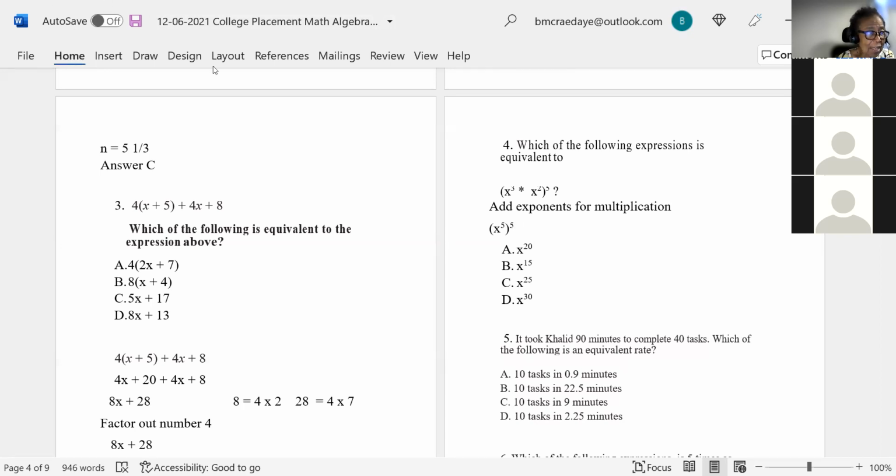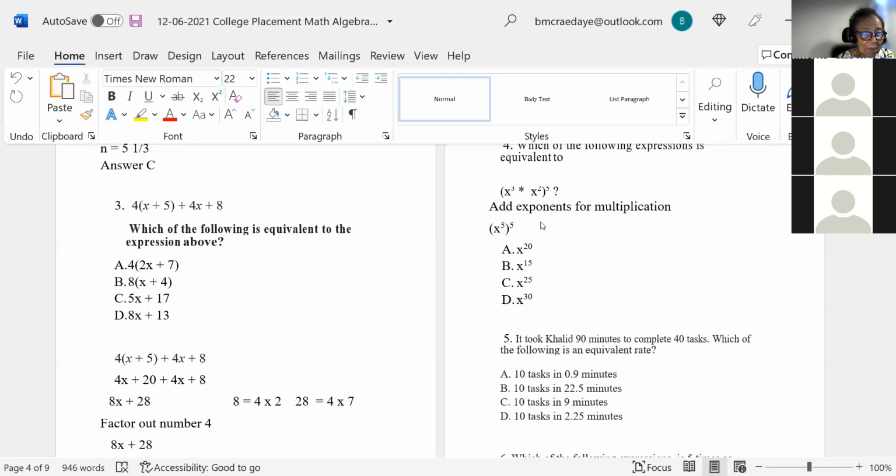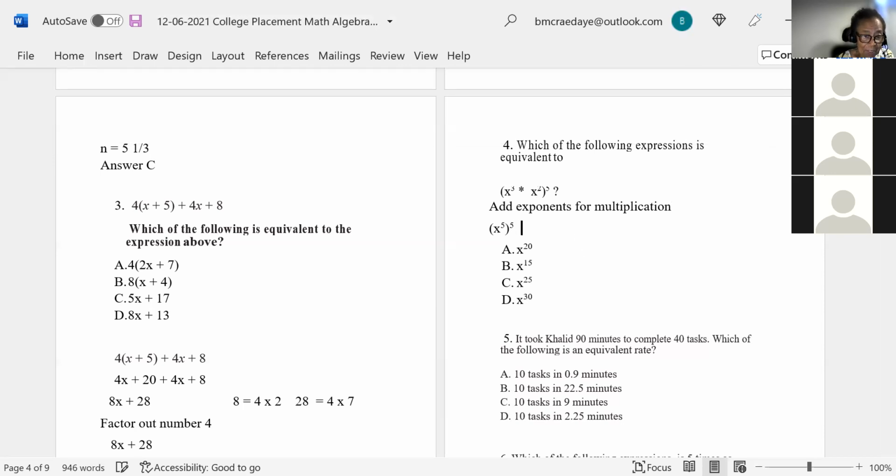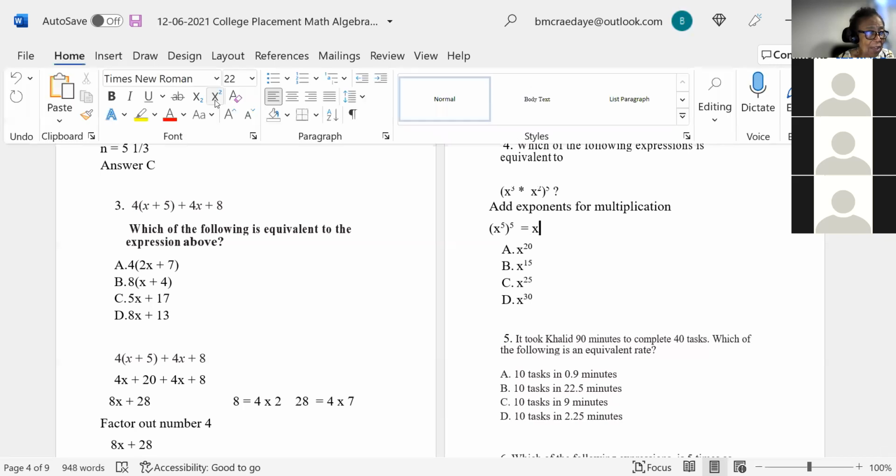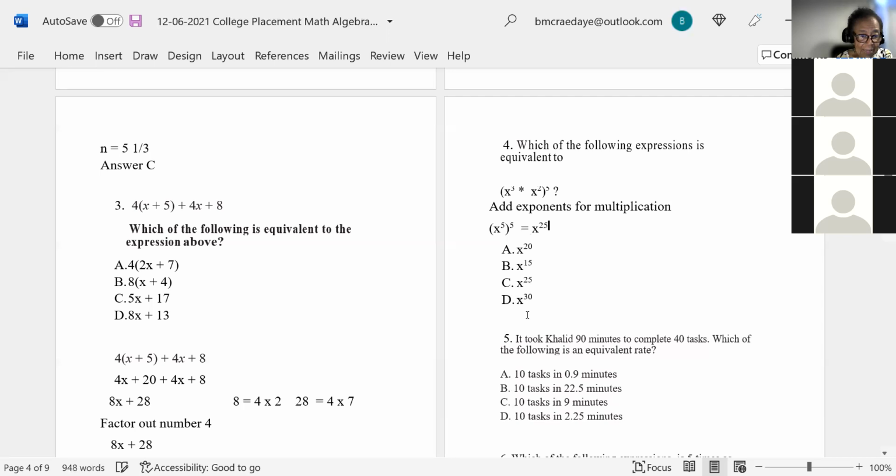That's the answer. So x to the 5th raised to the 5th power gives x, and then we put 5 times 5, that's 25. And that's answer C.